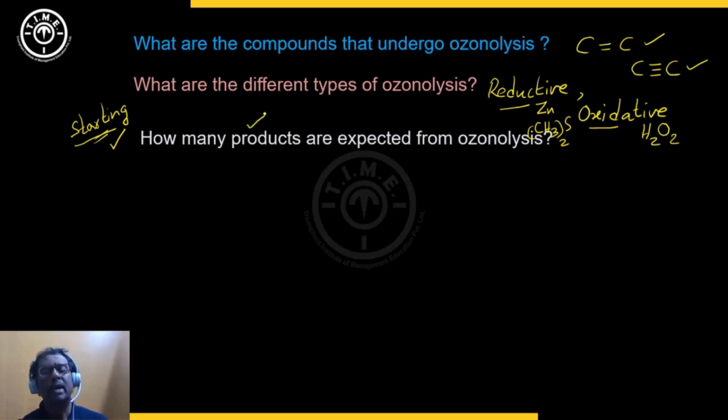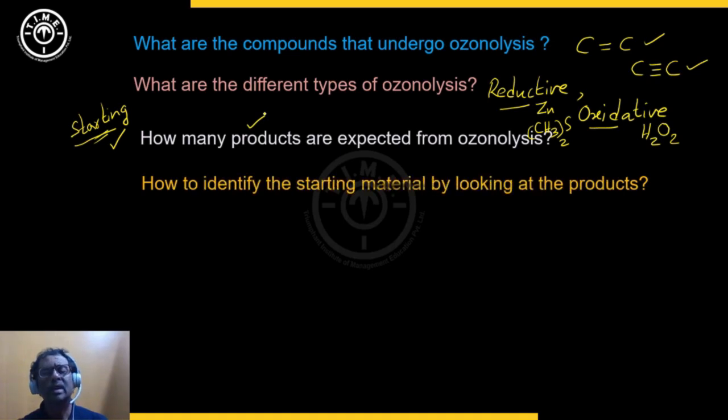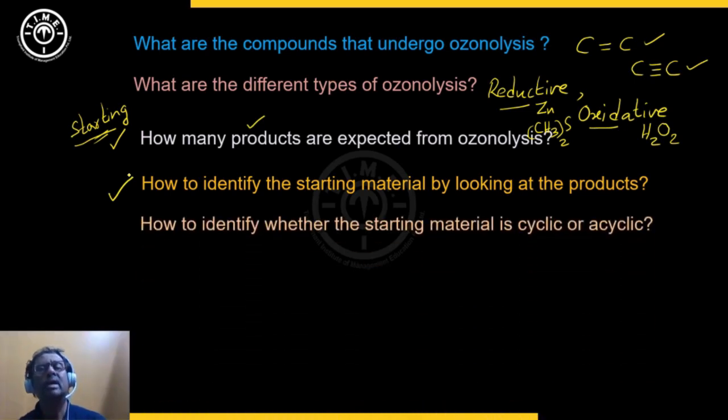Then the next question was how to identify the starting material by looking at the products. This we had already done in the previous session. By looking at the products, we could construct the starting material, mostly for an alkene. Then how to identify whether the starting material is cyclic or acyclic.